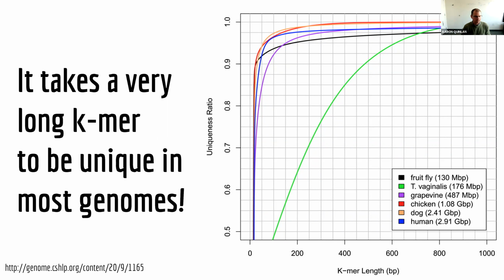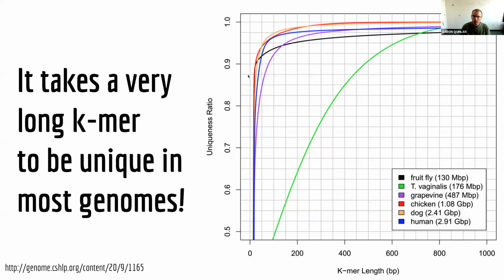But if k equals 10, I told you that every one of those occurs at least once. What this is plotting on the y-axis is what fraction of those 10-mers occur once and only once. That's a proxy or an estimate of how unique or how repetitive a given genome is. So for instance, the chicken genome is about a gigabase pair.